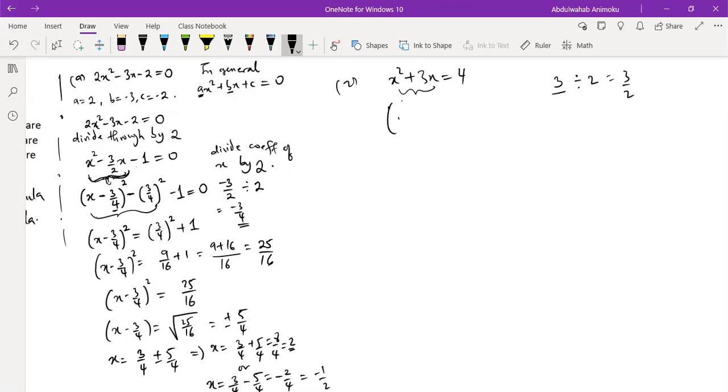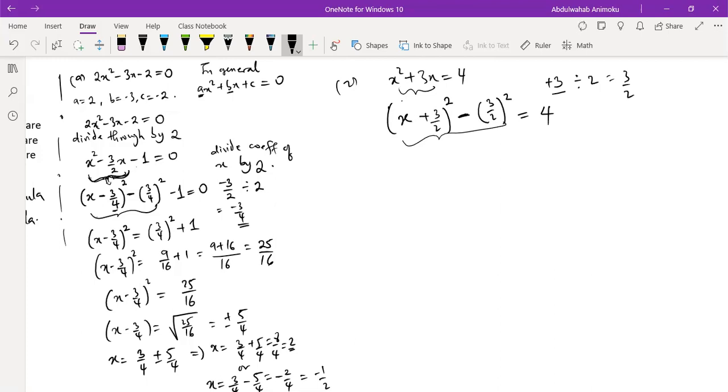That's what you attach to x, and we square this. Don't forget we also have to subtract the square of that same number. This just completes the square, which means x squared plus 3x is equivalent to this square that we have. And this must be equal to 4.